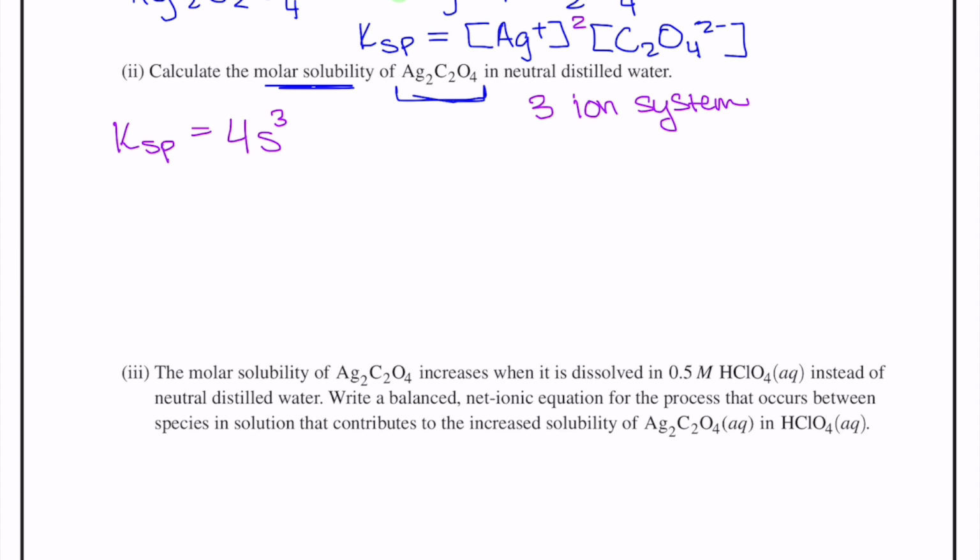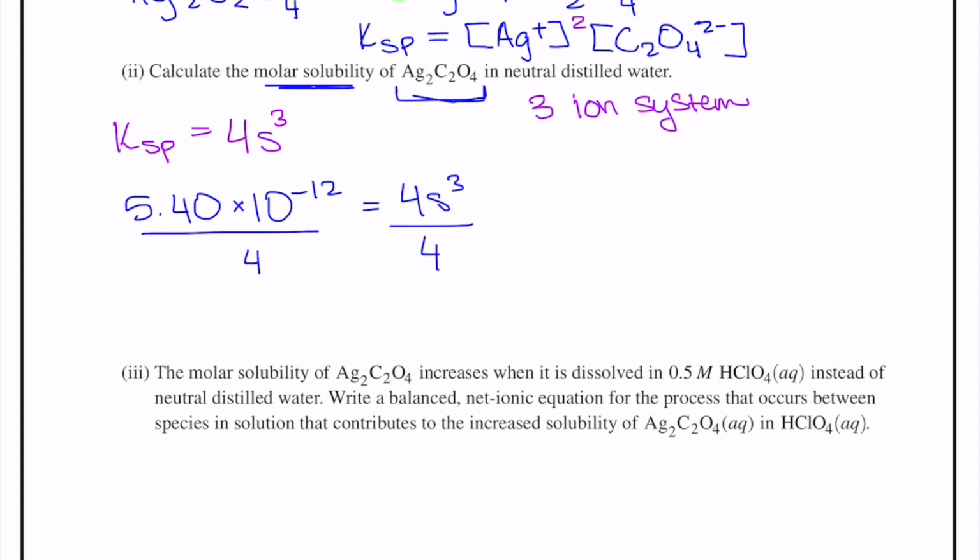The KSP was already given to us, so I'm just going to plug that in. And we're solving for S, so that is what we're doing here. And then, of course, we're going to cube root all of that.